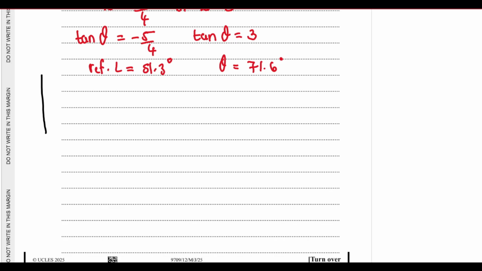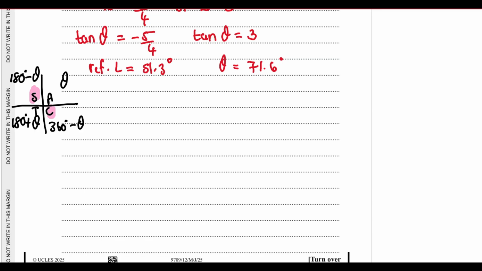I don't enter the negative into the calculator, but I use the CAST diagram. That is theta, that's 180 minus theta, that's 180 plus theta, that's 360 minus theta. Now tan is negative. Where is tan negative? Either in the second or fourth quadrants. But for tan, you only need to worry about one of these quadrants.